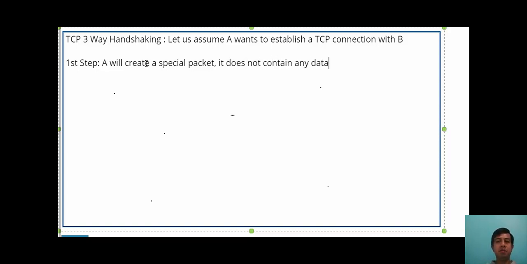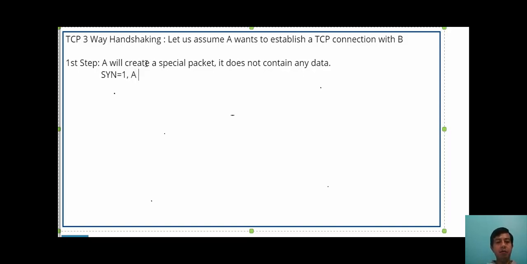Obviously, data transmission will take place after the TCP connection establishment phase. So A will create a special packet. Now what is the very special fact about this packet? The special fact about this packet is that the SYN flag is set for this particular packet. This is one specific case where this particular flag is set. So the SYN flag is set to 1 for this particular packet.